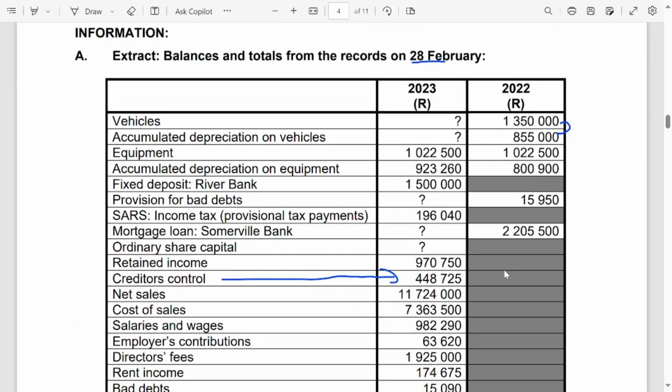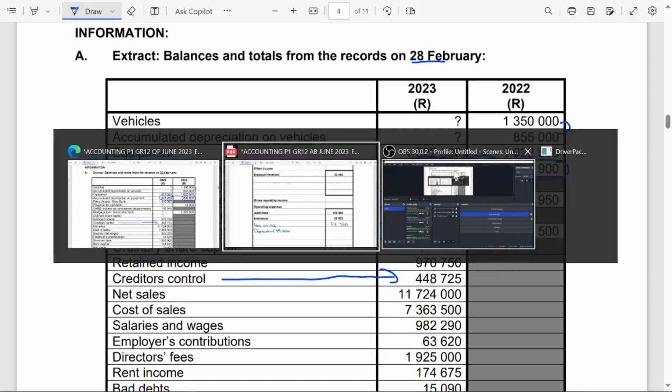Now, if you check the opening balance of the accumulated depreciation for the equipment and the closing balance of the accumulated depreciation for the equipment, the closing balance has increased. So obviously this depreciation has already been brought into account, which is what they've already said. So if we want to find the depreciation, we have to find the difference between the two.